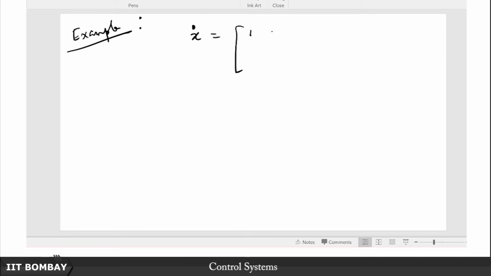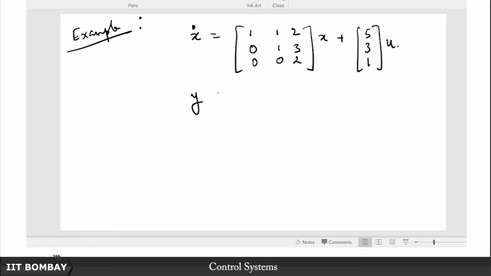Let us take the example we took the other day, A equal to [1 1 2; 0 1 3; 0 0 2]. If you recall, this is exactly the same matrix that we had taken the other day, and let us say B is [5 3 1] times u, a perfectly valid state space representation, and let us say y is equal to [1 0 0] x.